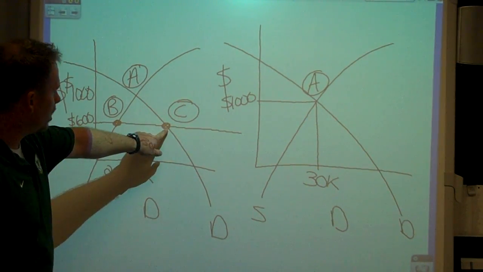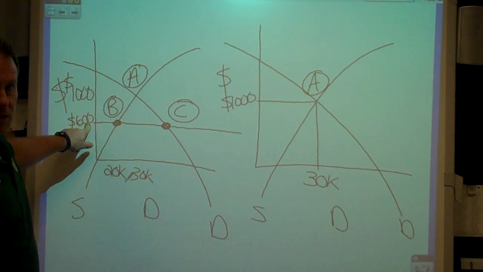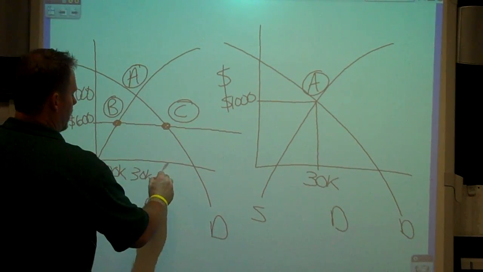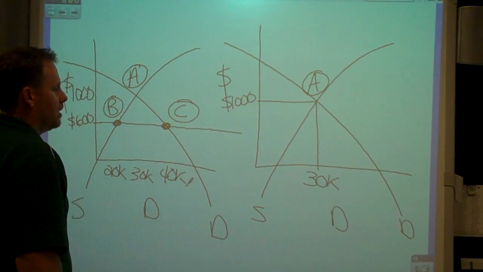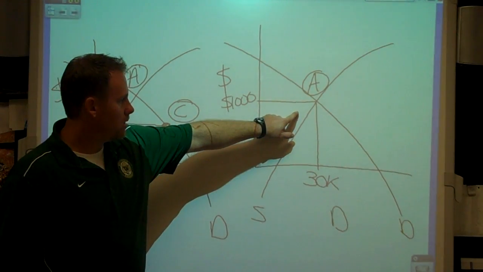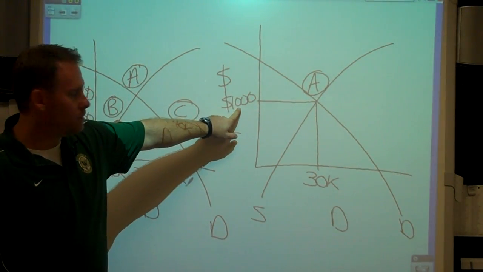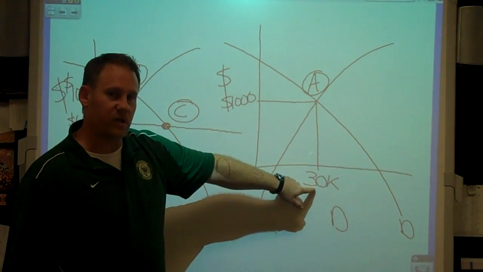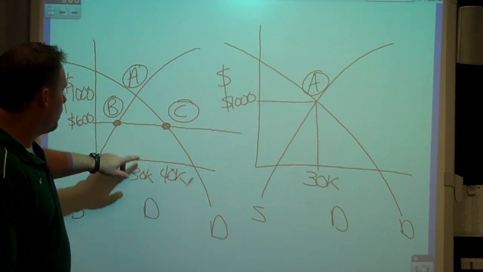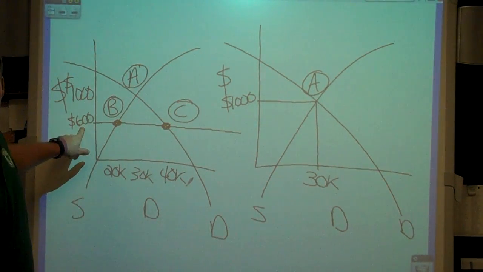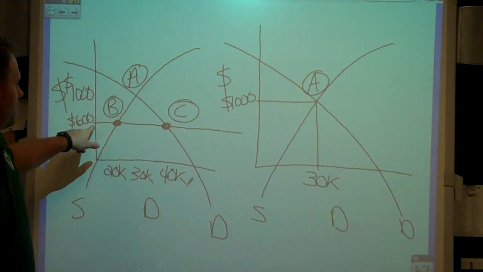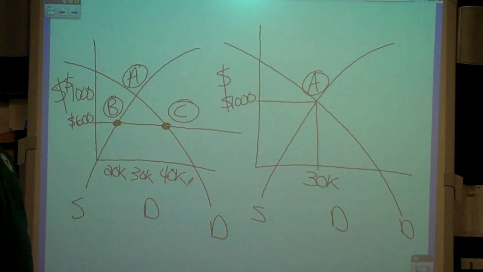But over here, on our demand line, where the demand line crosses 600, demand has gone to 40,000. Now, is that different from over here? Okay, at $1,000, without rent control, demand was 30,000. But over here with rent control and apartments locked at $600 per unit, there's demand for 40,000 apartments.